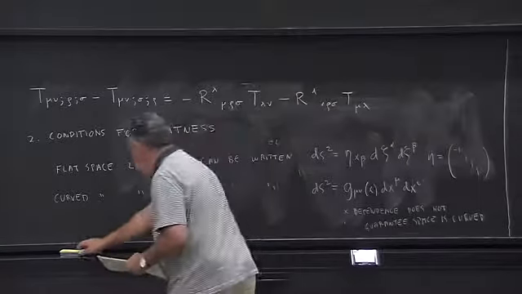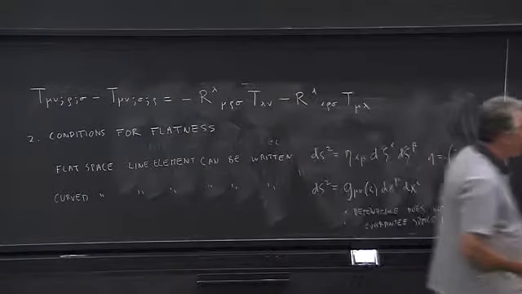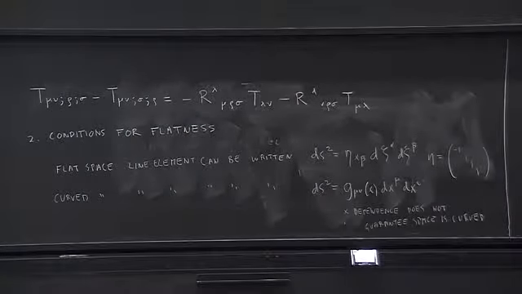Let's look at an example. Suppose we have not Cartesian coordinates, but polar coordinates, t, r, theta, phi. Then in those coordinates, g mu nu depends on x.